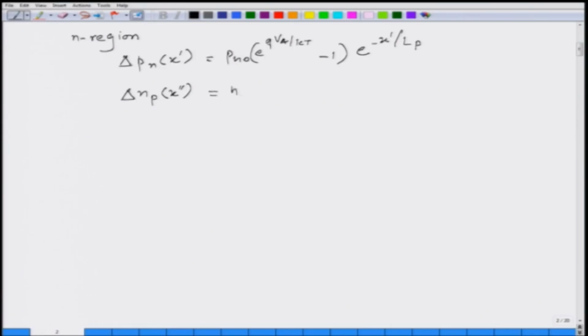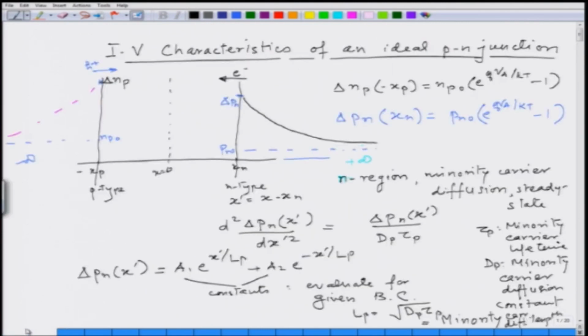I can show that this is going to be n p o exponential q V a over k T minus 1, times exponential minus x double prime over L n, because now this will be the minority carrier diffusion length for electrons on the p type side. So, this is my electron concentration. I can plot that. It is also reducing exponentially from this boundary condition going towards minus infinity.